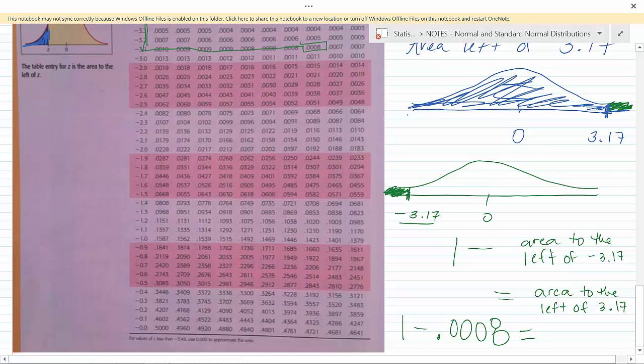And it should be a number that's pretty close to 1, because that's a lot of the area under that curve. And I see it's 0.9992. That's 99.92% of it. So that's the area to the left of positive 3.17 that I've shaded above in blue.